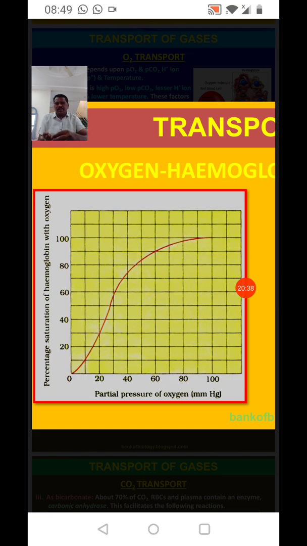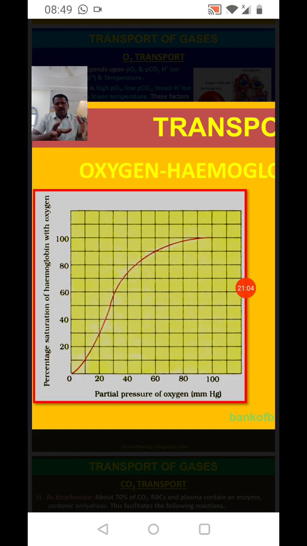After saturation, the saturated hemoglobin comes to the tissues. In the tissues, what happens? The partial pressure of oxygen is 40 millimeters, that means low oxygen partial pressure. At this, the oxyhemoglobin delivers.